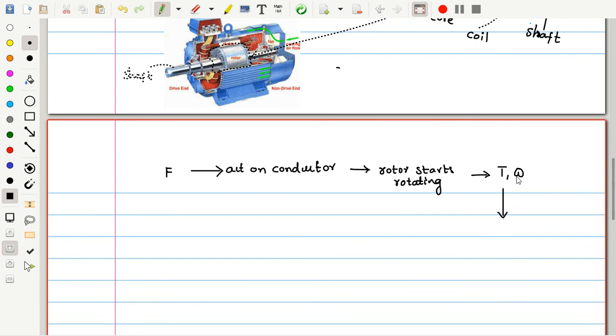This torque and speed can be utilized for mechanical work, like pumping water or extracting juice from sugar cane. The torque is transferred to the shaft of the rotor, which can be utilized for various mechanical purposes. This is the generalized idea in any motor. Is this clear?